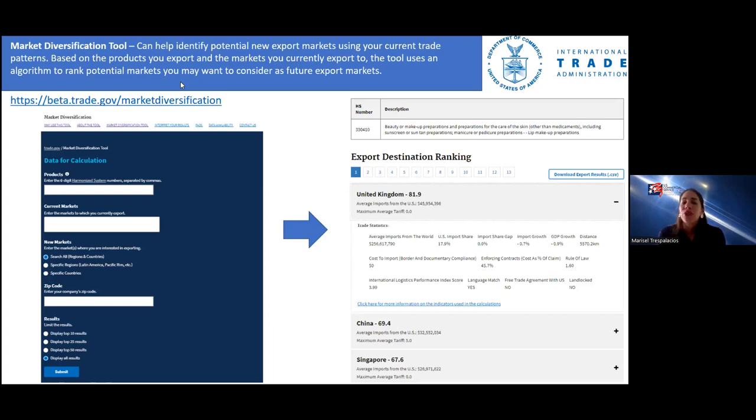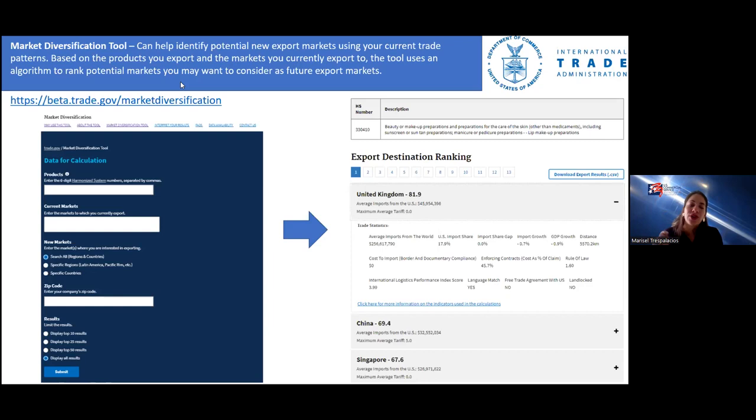And this tool is different in the sense that it uses various different indicators to try to help you rank potential markets for your products. So it uses not only trade data such as average imports going into that country, but also the US import share of that average total.